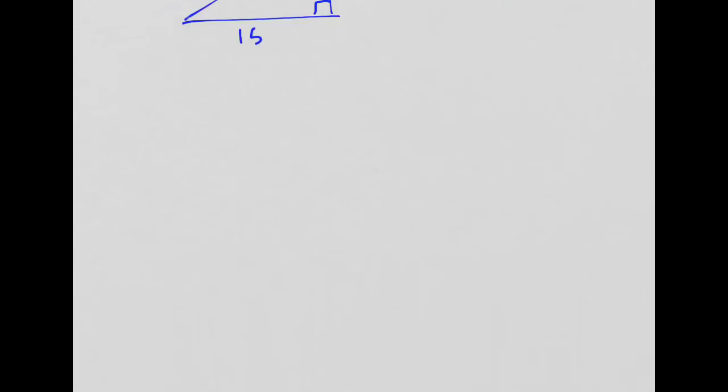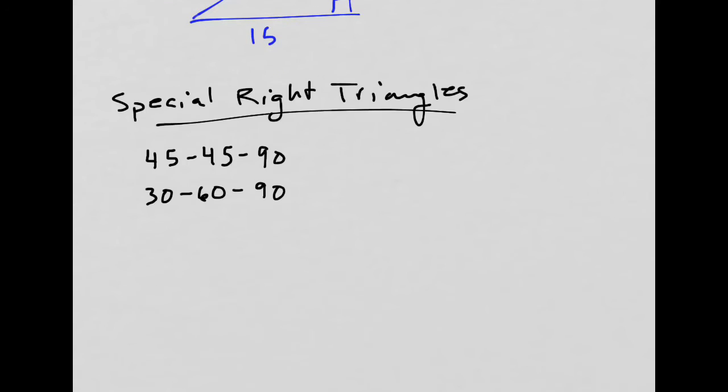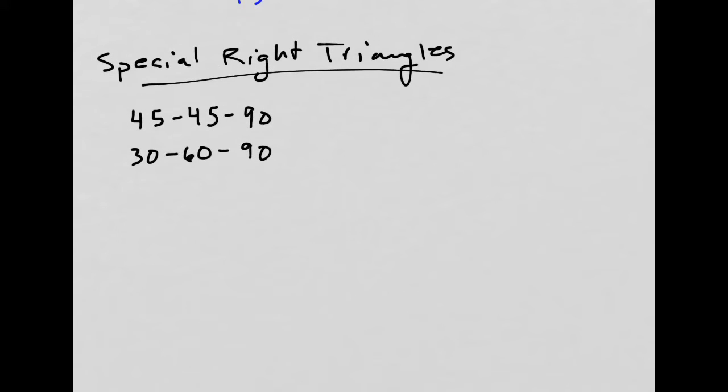Okay, what is a special right triangle? The special right triangles we're going to talk about are the 45, 45, 90 triangles. That means you have a triangle whose angles are 45, 45, and 90.